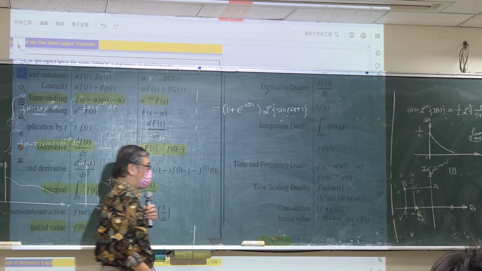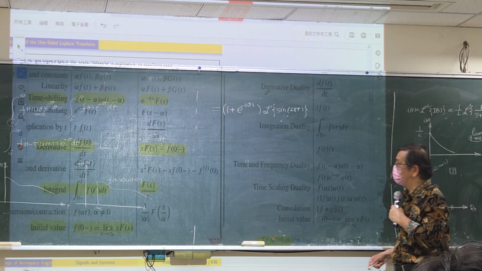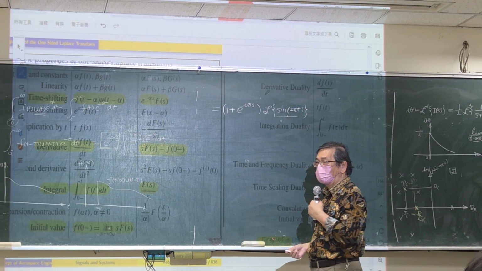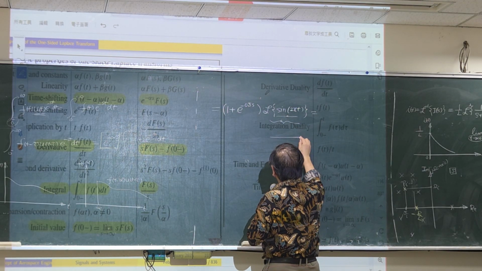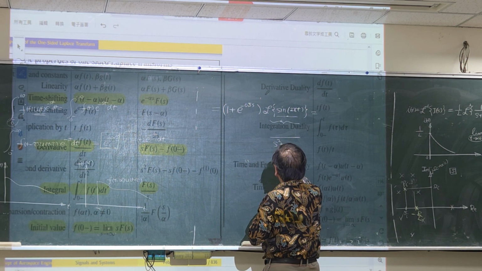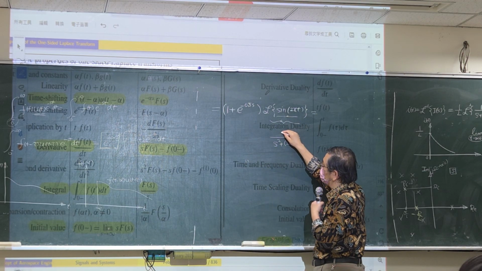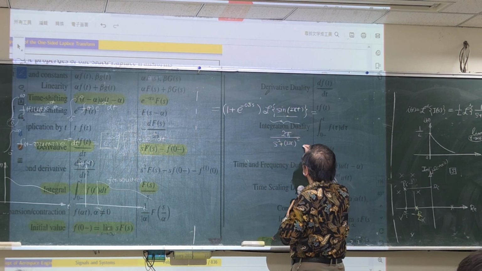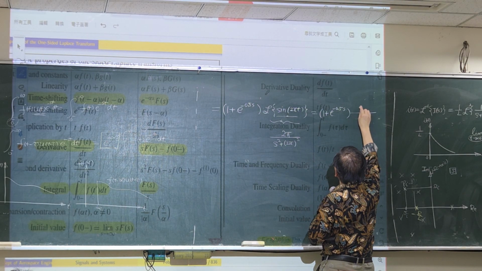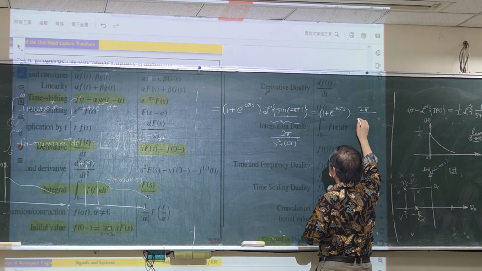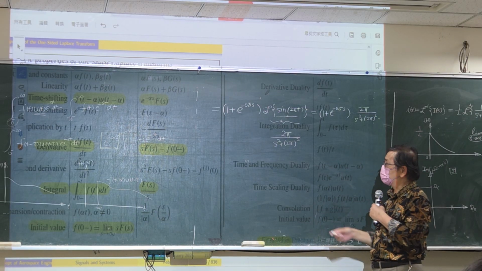Now I need you to tell me what is the Laplace transform of sine 2 pi t? It is 2 pi over s squared plus 2 pi squared. Where does this come from?